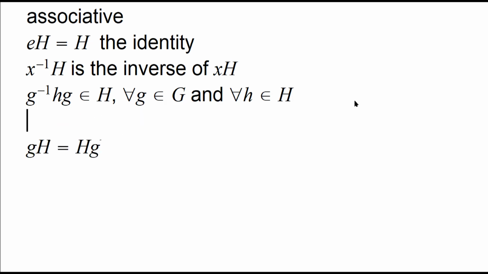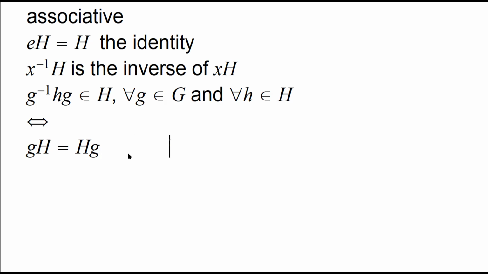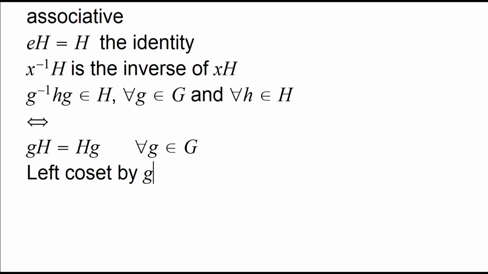So the book proves that very nicely, that this would be true for every G in G, that each left coset by any element G of H equals the right coset by the same element G of H. So H has to be that kind of subgroup.